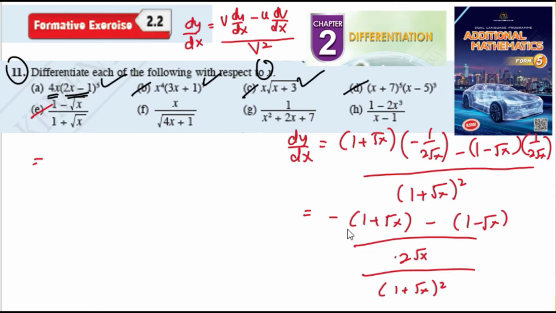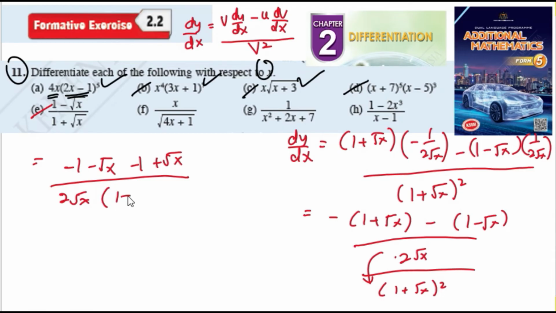So this one you see negative 1 minus root x minus 1, and this one is negative times negative root x, you get positive root x. So this one will be down. So 2 root x times 1 plus root x squared. So here negative root x plus root x, you get 0. Negative 1 minus 1, you get negative 2, divided by 2 root x times 1 plus root x squared.